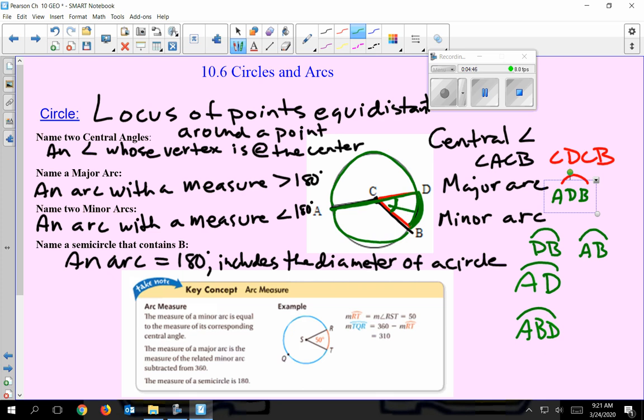So if you have arcs being drawn that intersect an angle, or the angle intersecting the circle at 2 points, you're going to get a measure of the angle, and the angle is going to have the same measure as the arc that it intercepts. It kind of shows it down here in the box a little bit, but I still don't like it. It's not very clear. Okay, so we'll show that as we go through here.